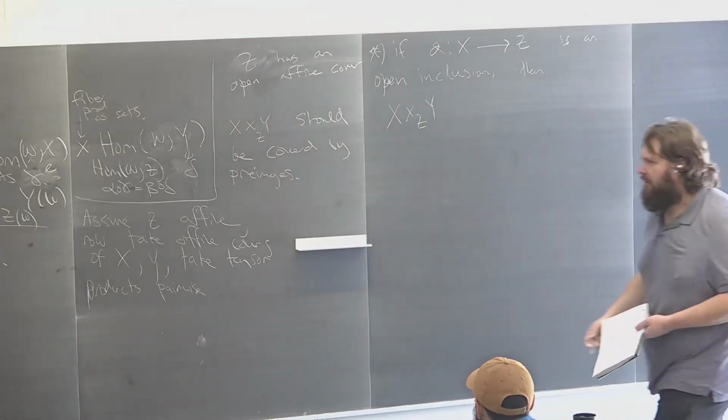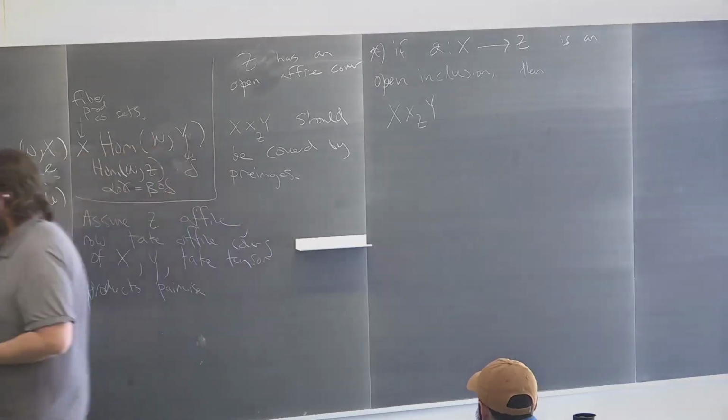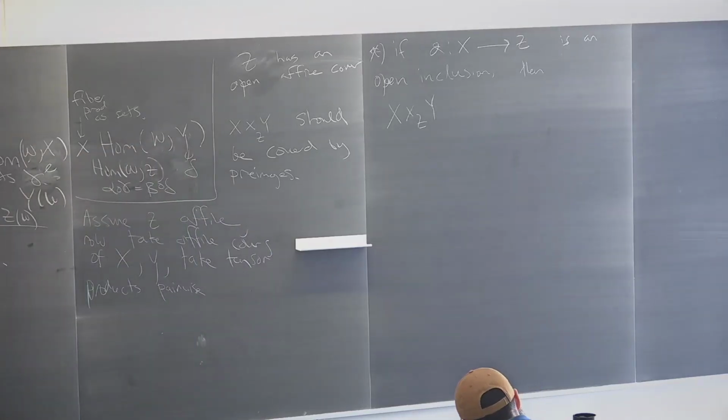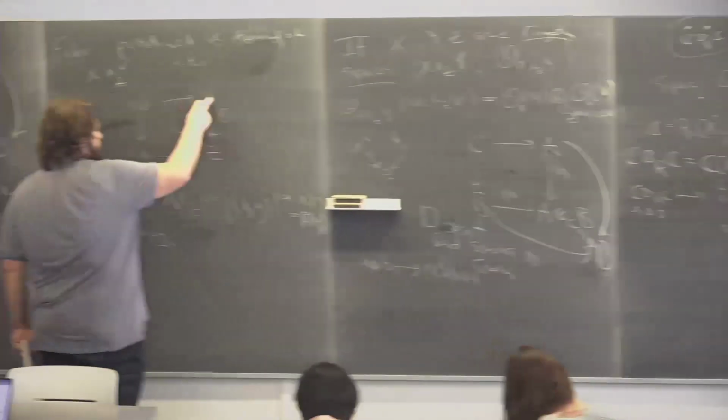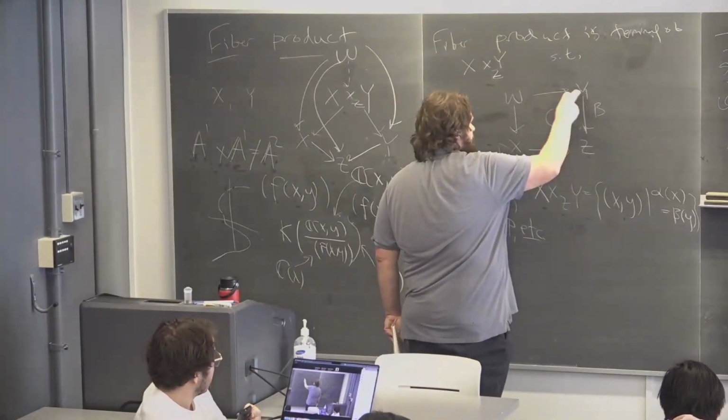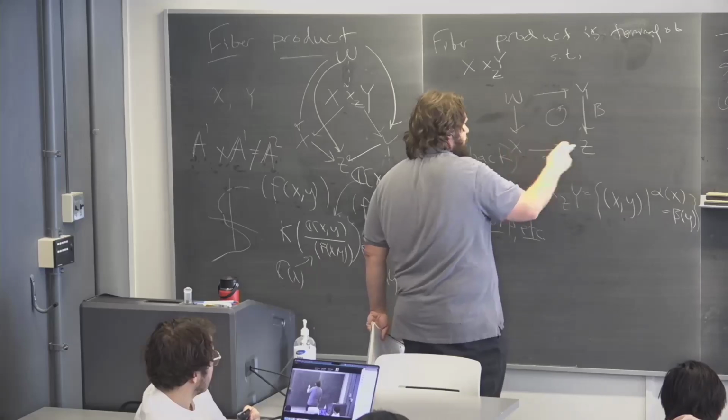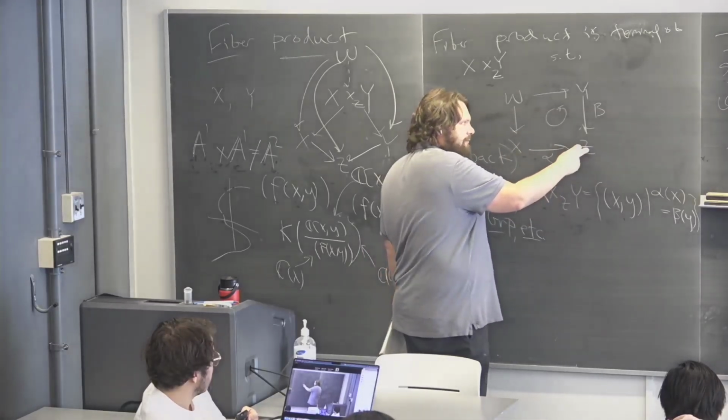I'm looking for something where, I have my W mapping into Y. And what does the fact that it also factors through X tell me?